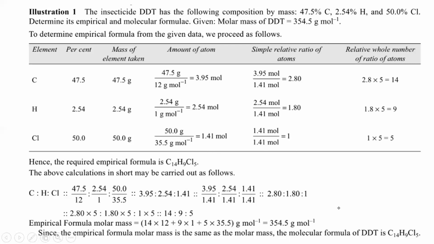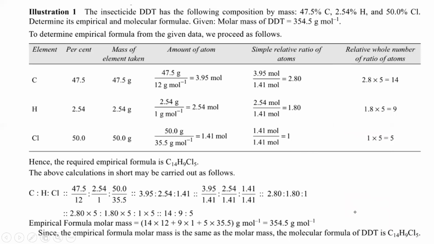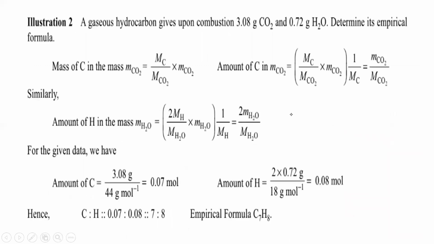So the n value is equal to 1. So the molecular formula and empirical formula are the same, because here the empirical formula mass is equal to the molecular formula mass. In this way you have to do questions based on the empirical formula and molecular formula. I hope this is clear. This is a very, very important point. And let us take a second example.